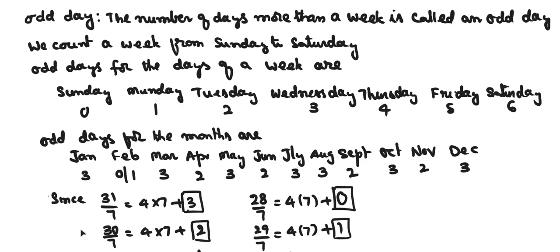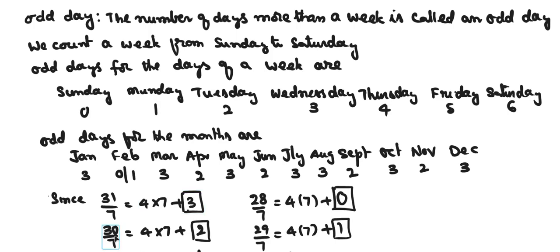These numbers of odd days have been obtained by dividing the days of the month by 7. So 31 by 7 is equal to 4 into 7 plus 3. So that means there are 4 complete weeks and 3 extra days. These 3 extra days are called odd number of days.